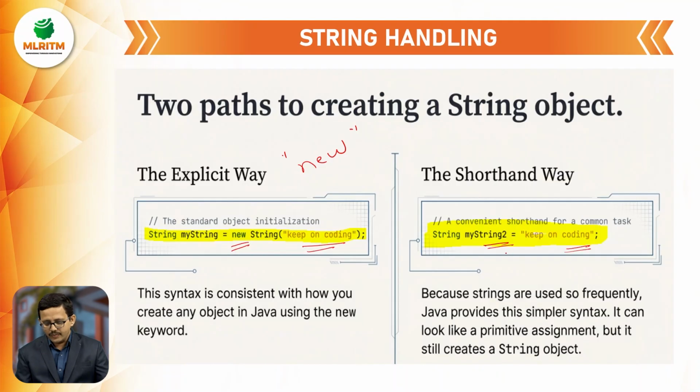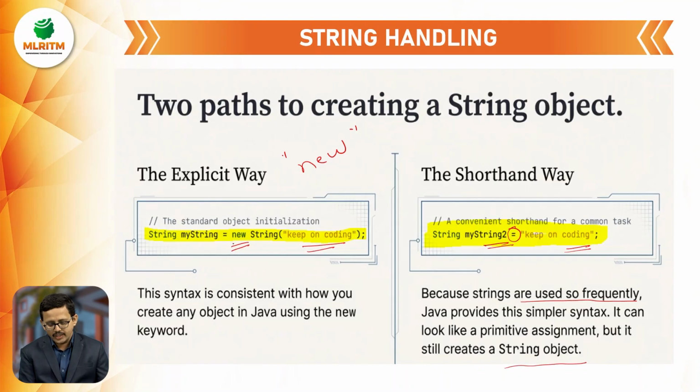Here we are not using the new operator. We are assigning the string to myString2 using the assignment operator. The first syntax is consistent with how you create an object in Java using the new keyword, and because strings are used so frequently, Java provides a simpler syntax. It can look like a primitive assignment, but it still creates a string object.